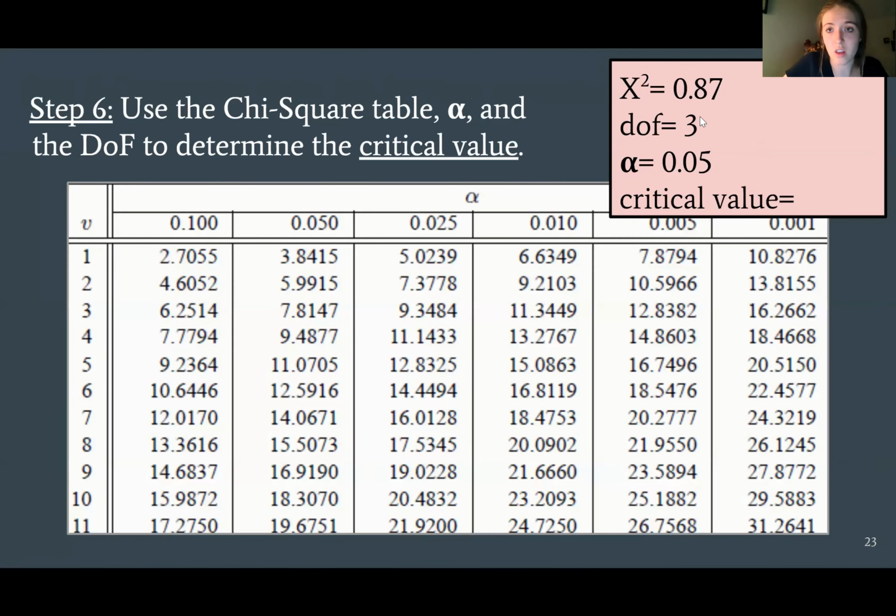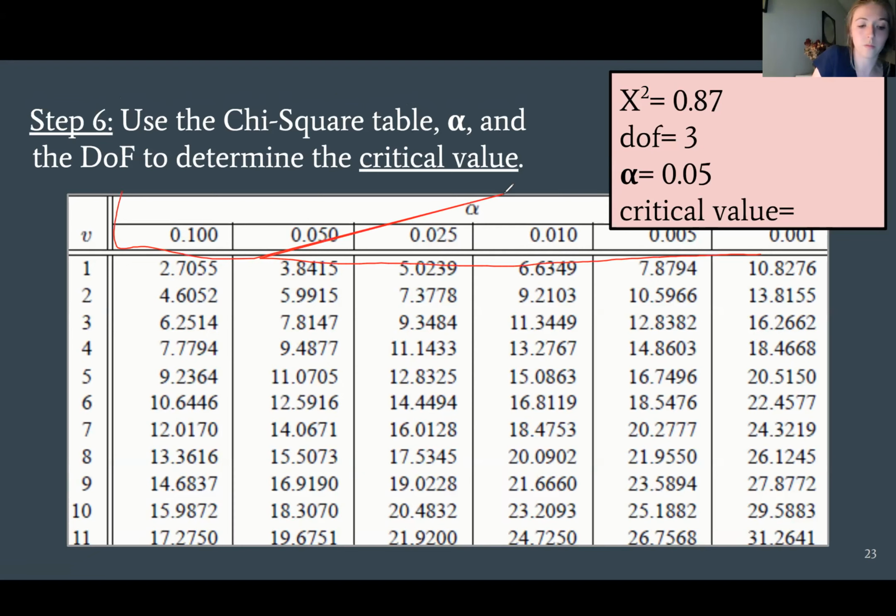Now we're going to use the values that we just calculated, the chi-squared, the degrees of freedom, and the alpha value. We're going to use that to figure out what our critical value is, right? So this is what a typical chi-squared table looks like. If you look at the top of this table, the top of this table represents the alpha values.